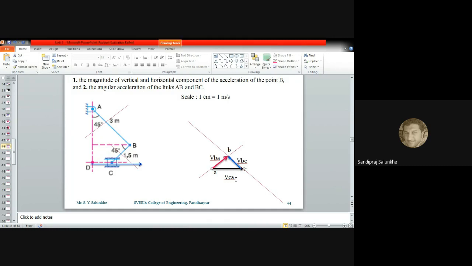Velocity of C with respect to A, velocity of B with respect to A, velocity of B with respect to C also.